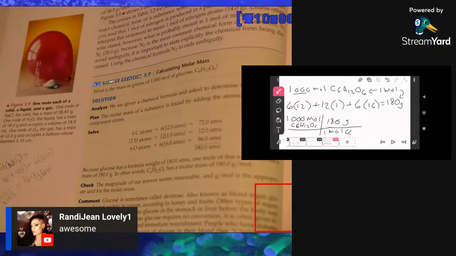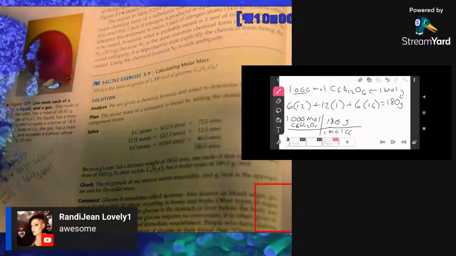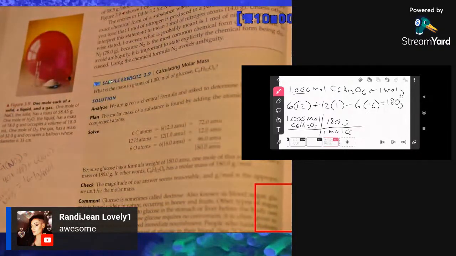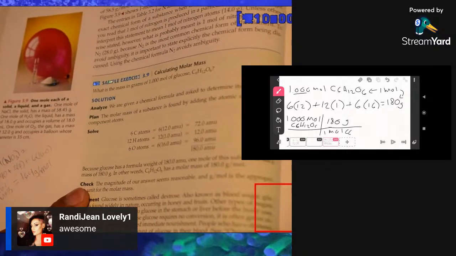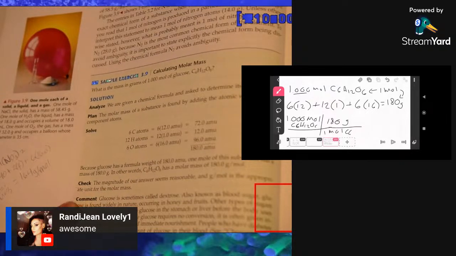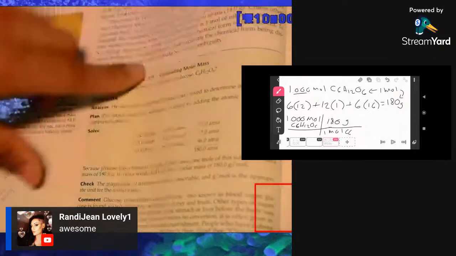But calculate the number of moles of glucose. Oh shit, I wrote the problem wrong. No wonder. Hold on, guys. What problem are we on?